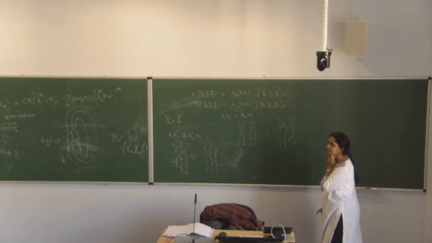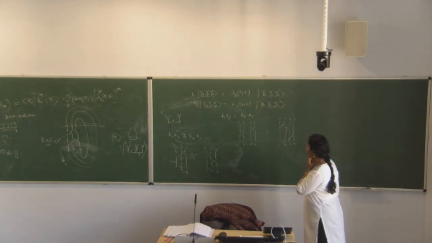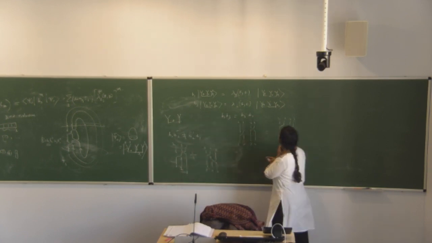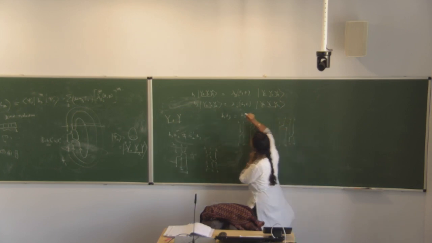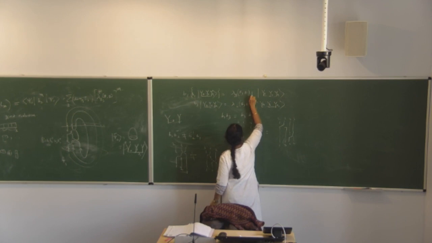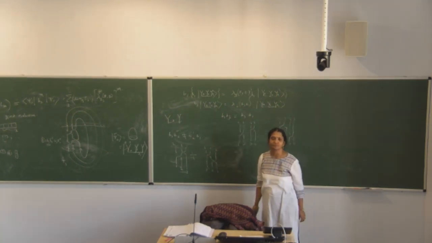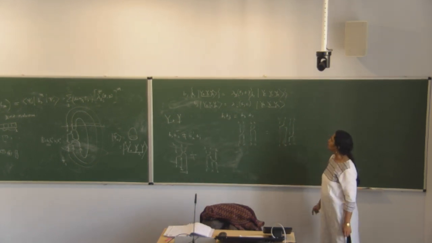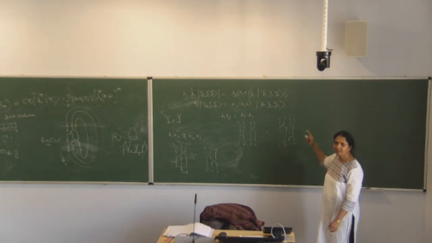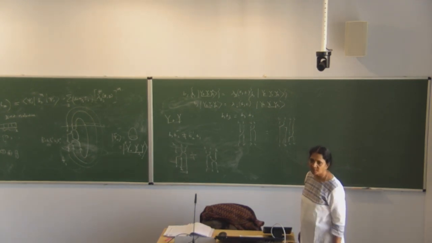Fine. So if I want to do B1, B2, I know B1, B2 don't commute. Which means I need to, suppose I want to do B2 on this. Right? So what do I do? I can't use this basis. Or I should write this as a linear combination of the other basis.